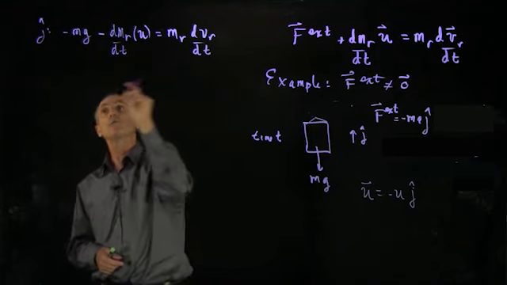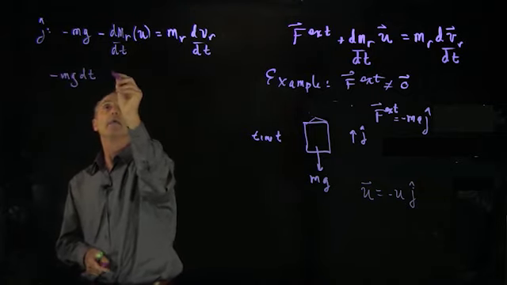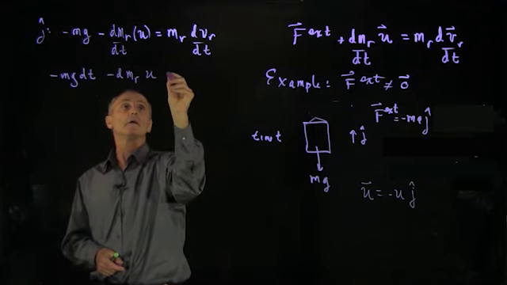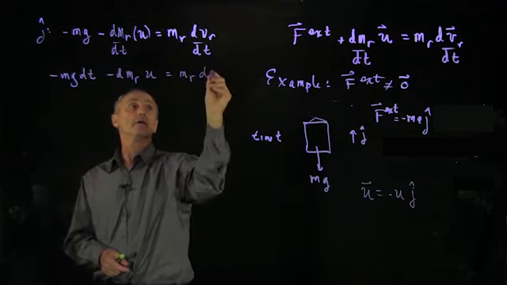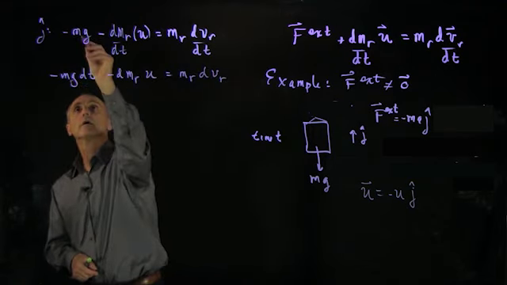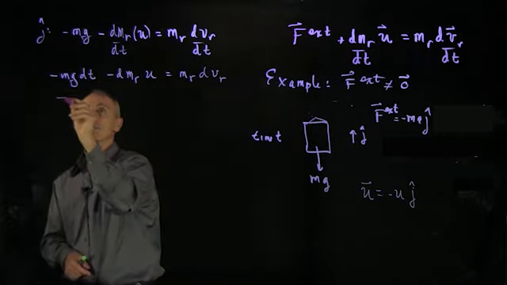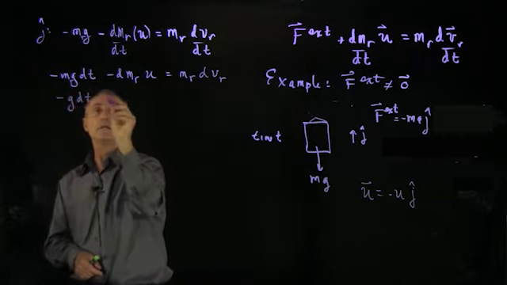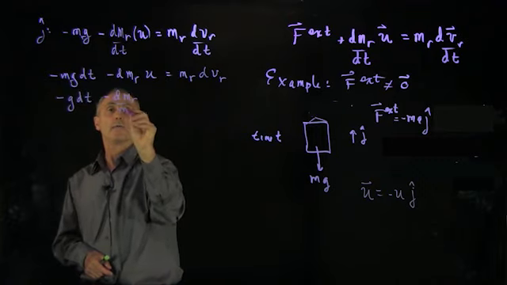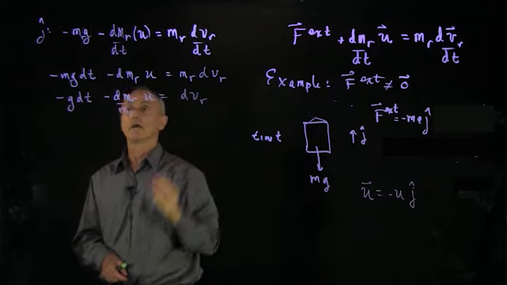So we'll multiply through by dt, and we have minus dm_r times u equals m_r dv_r. Now let's divide through by the mass of the rocket. So we have minus g dt minus dm_r over m_r times u equals dv_r.